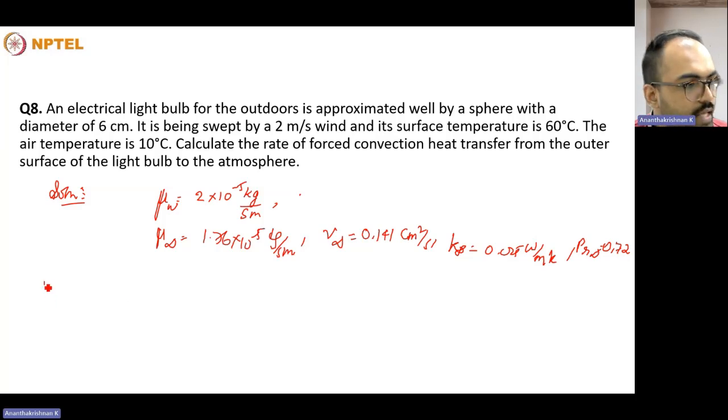So we first calculate the Reynolds number, that is equal to u infinity D divided by nu infinity.